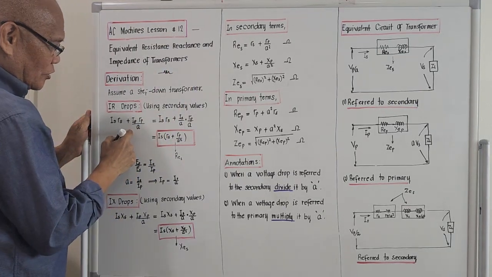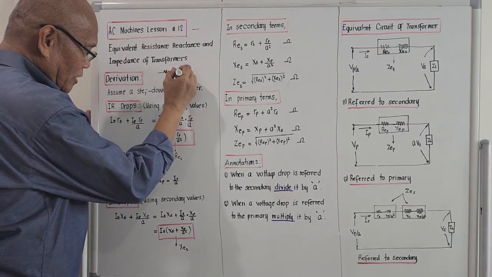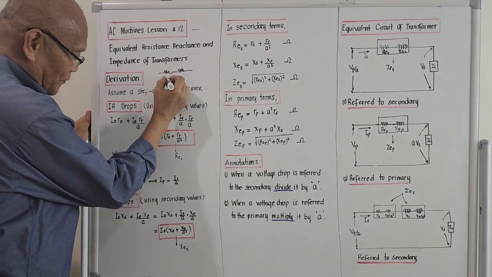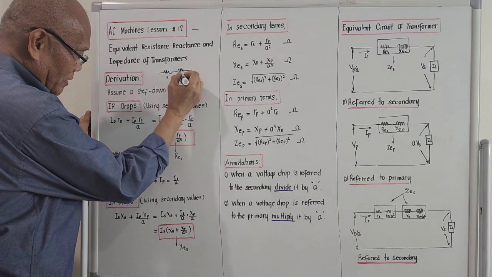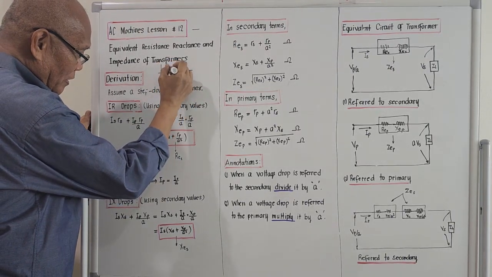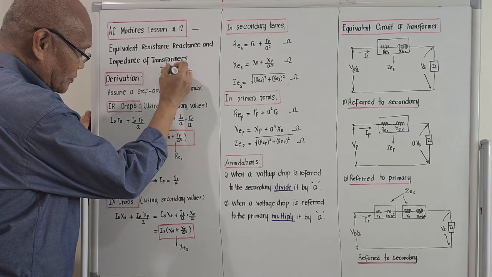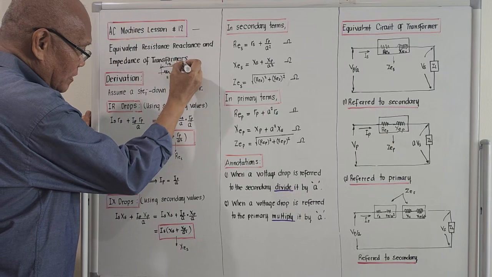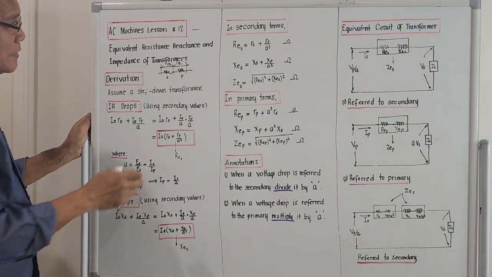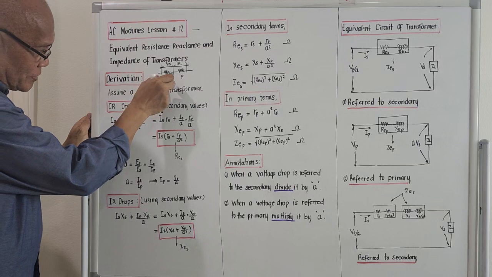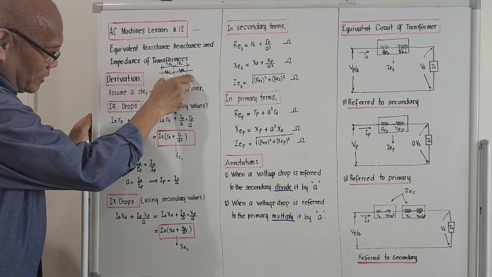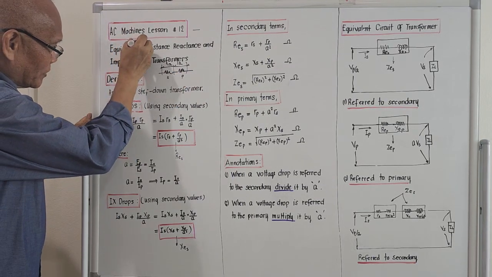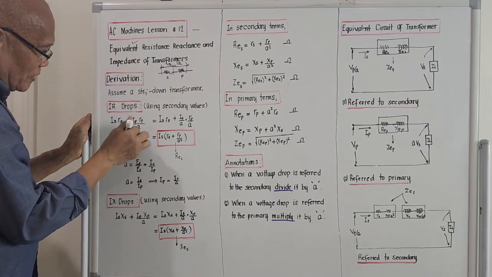And the second one is still a voltage drop, for the primary. They are both IR voltage drops. So we are combining the resistance of the secondary and primary as a single unit for us to take the single equivalent.